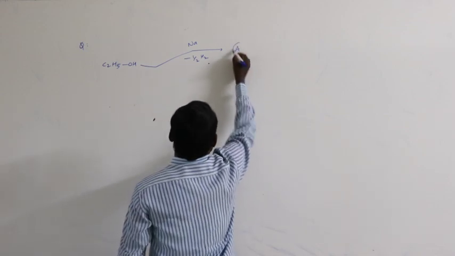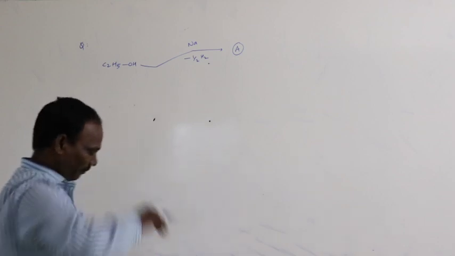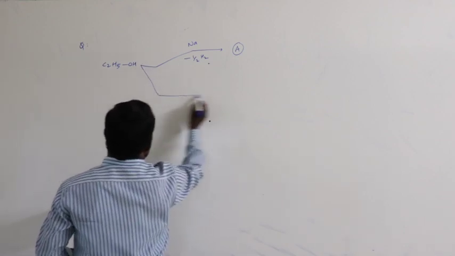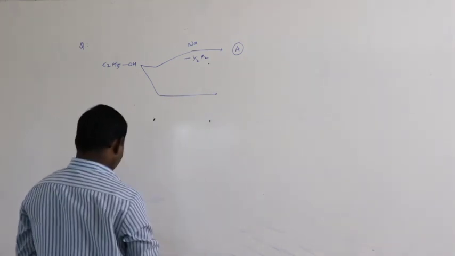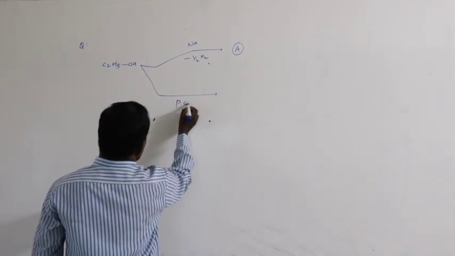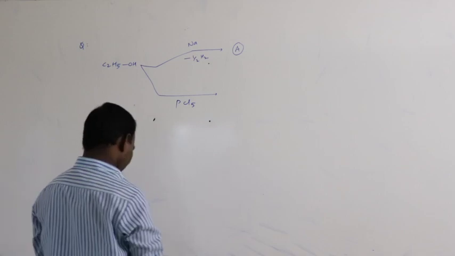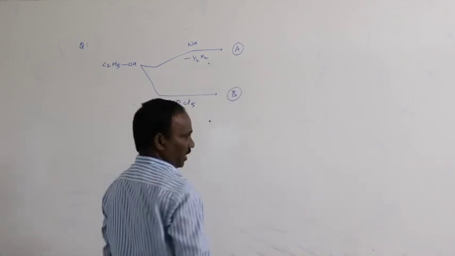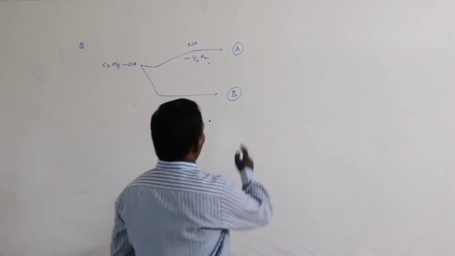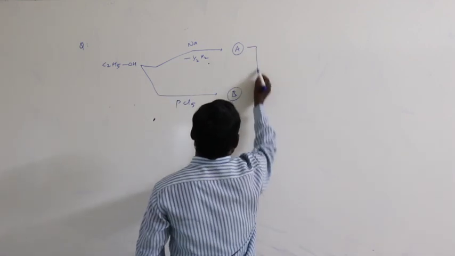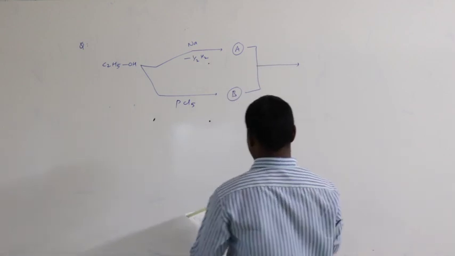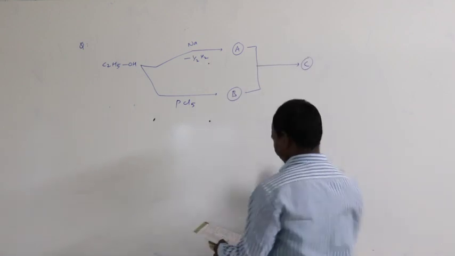It is produced by A. Similarly, this compound on treatment with PCl5, phosphorus pentachloride, is given by B and C. A and B are combined together to form C.